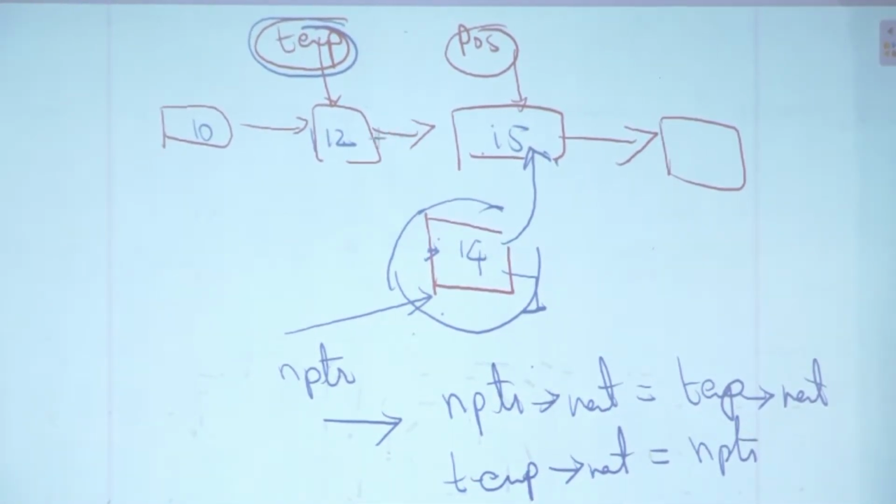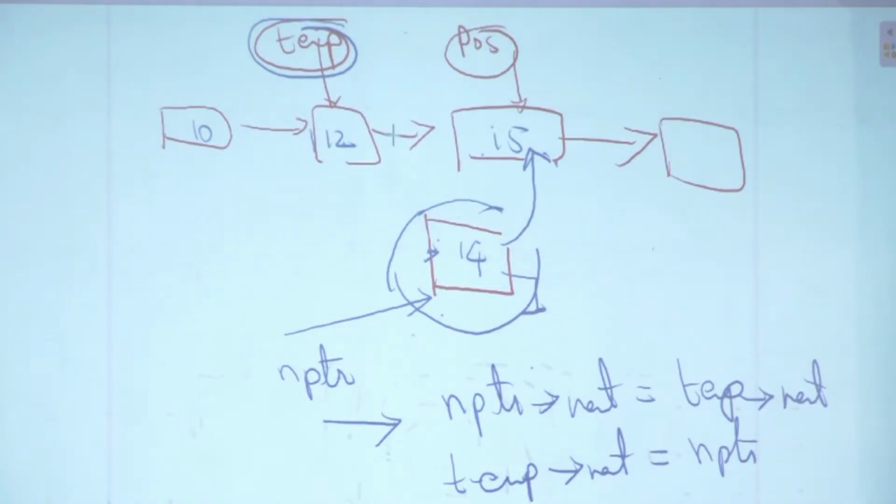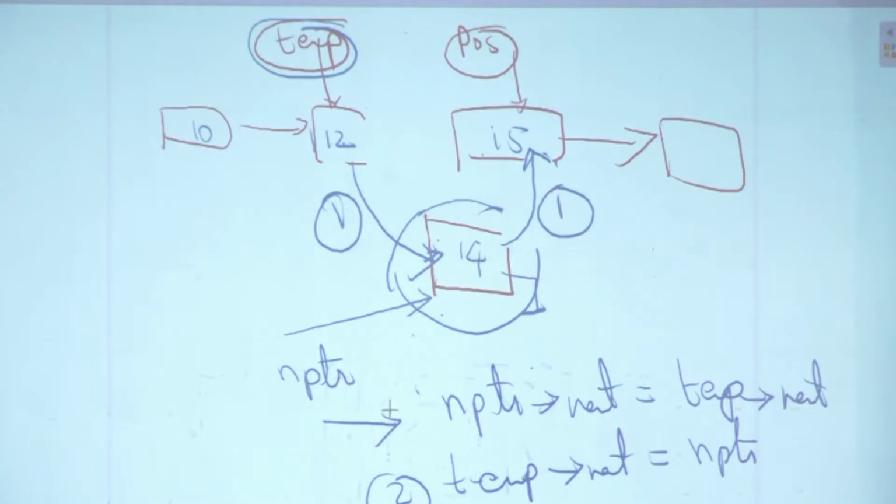So this should be cut. That will automatically get cut if you say temp's next is equal to nptr. That is what we need to do to bring this guy in. So again I will rub this, and now we have to do this. So this line 2 will do this, and line 1 will do this. Sorry, this is 1.